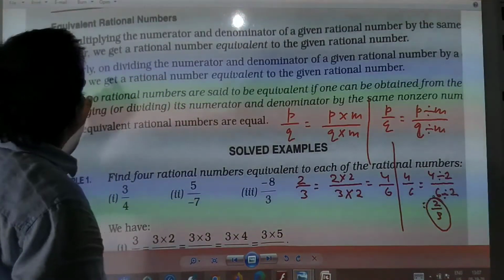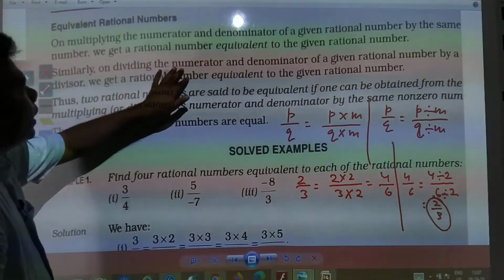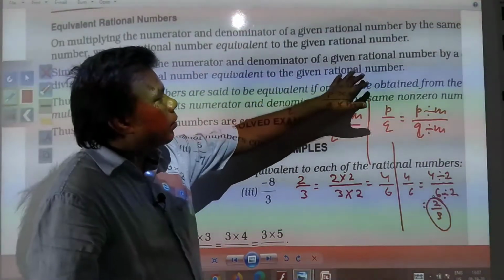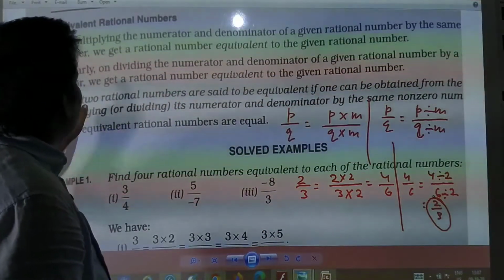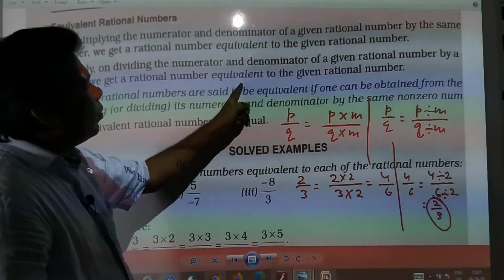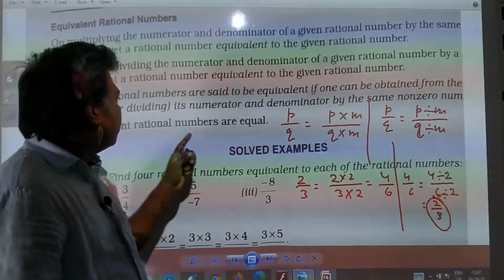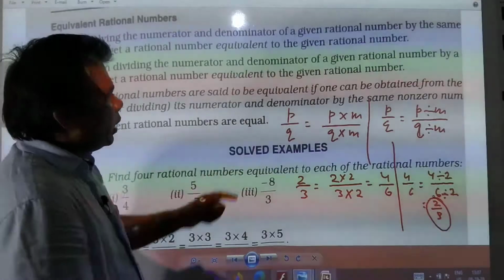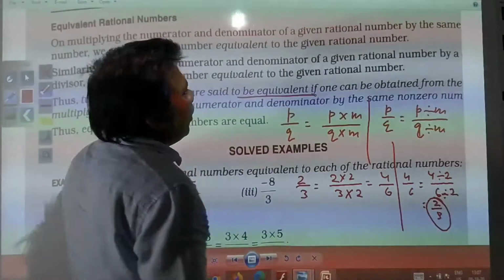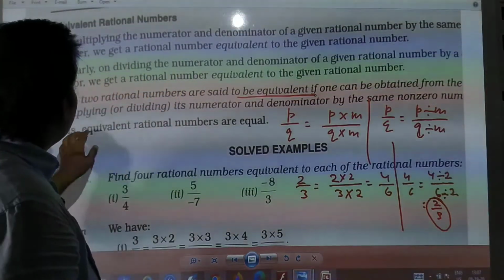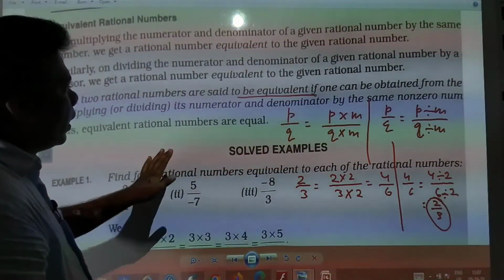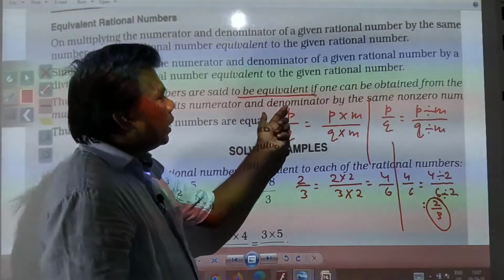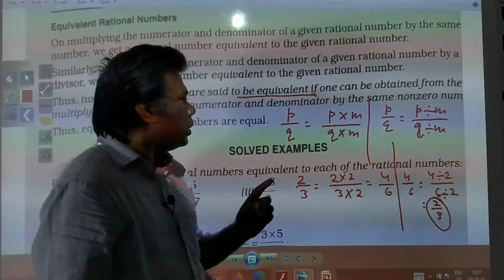I hope you understand. Similarly, on dividing the numerator and denominator of a given rational number by a divisor, we get a rational number equivalent to the given rational number. Thus two rational numbers are said to be equivalent if one can be obtained from the other by multiplying or dividing its numerator and denominator by the same non-zero number.